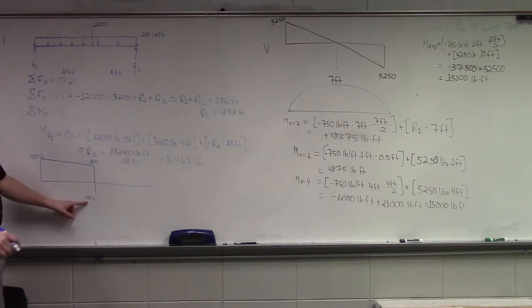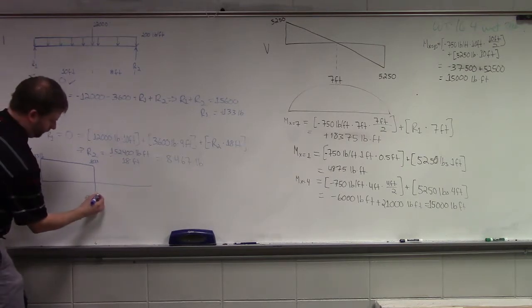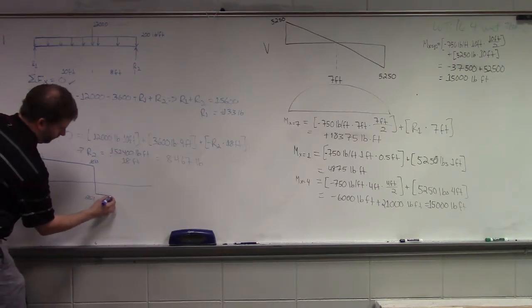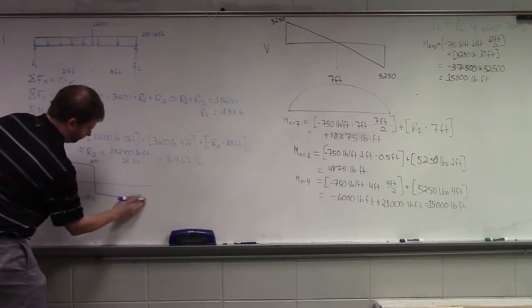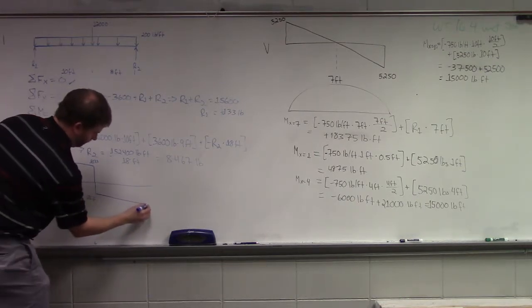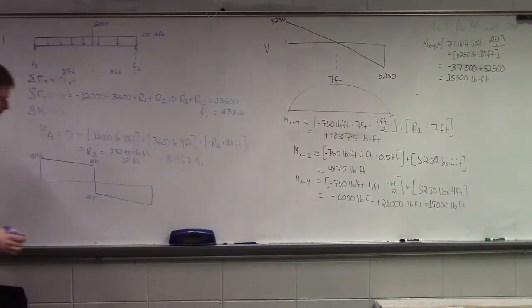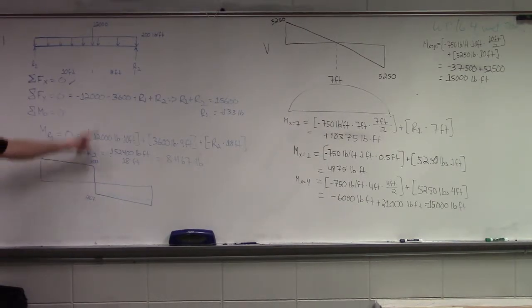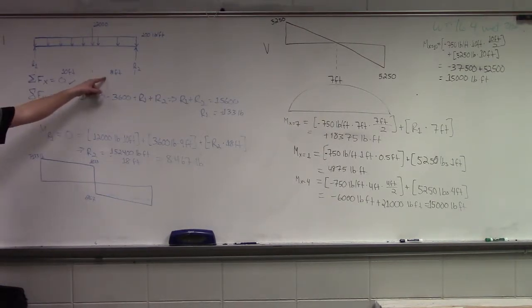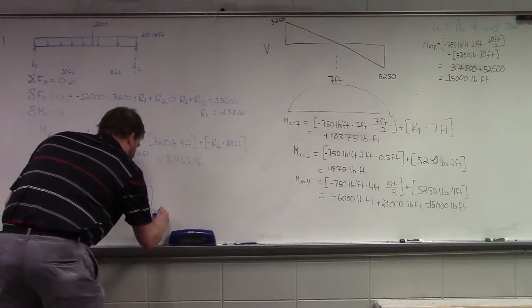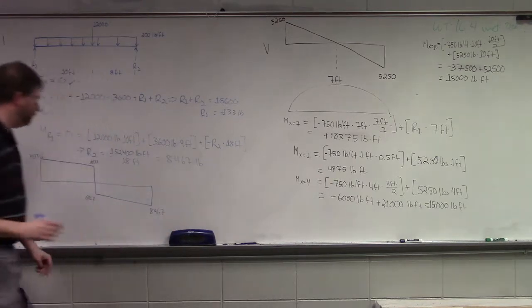So it continues on that slope to the negative 8,467. 200 pounds per foot over 8 feet, so 1,600 more pounds, drops us down to negative 8,467.